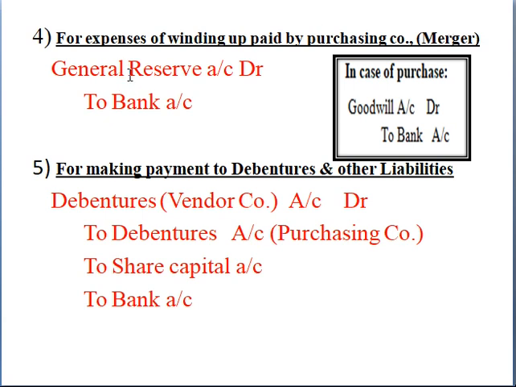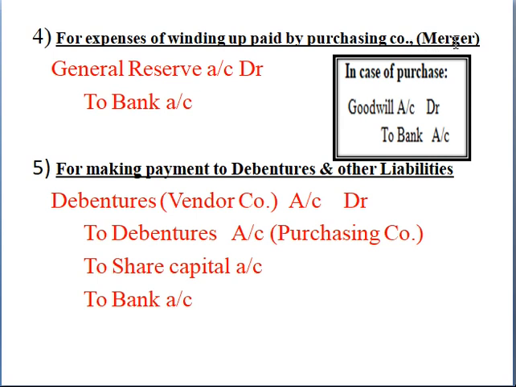debit the expense. The expense should be entered here as general reserve. So why is general reserve entered? Because under the merger method, all the assets and liabilities including the reserves and surplus are taken over. It is an additional expense of the purchasing company. That's why we adjust it with the general reserve.